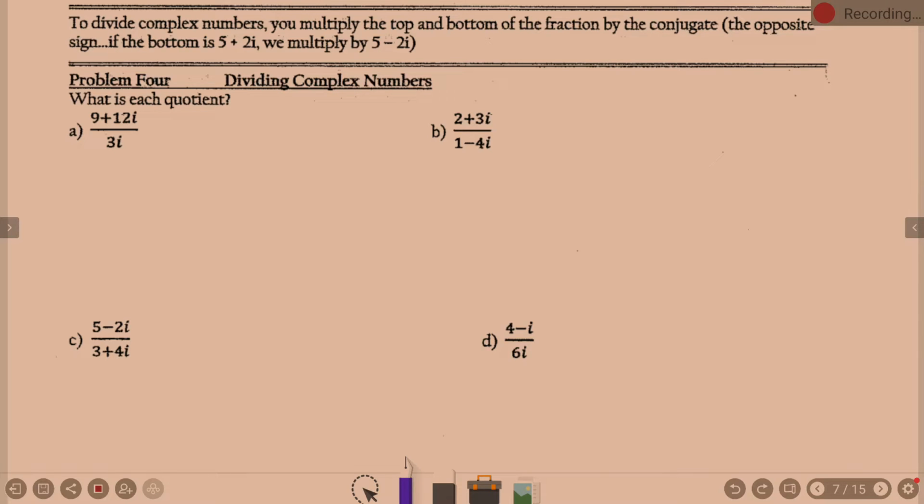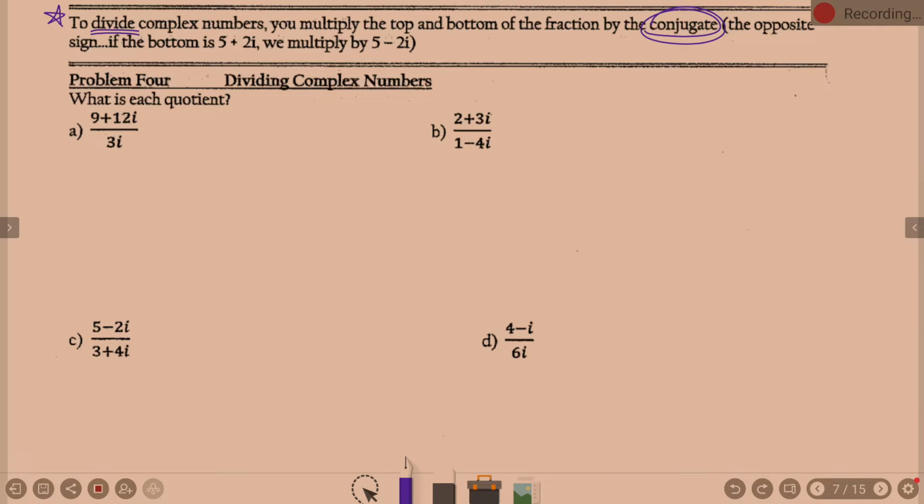But it talks about, okay, how do we divide complex numbers? Example A there says 9 plus 12i divided by 3i. And notice what it says up here above this. In order to divide complex numbers, you multiply the top and the bottom of the fraction by the conjugate of the denominator.